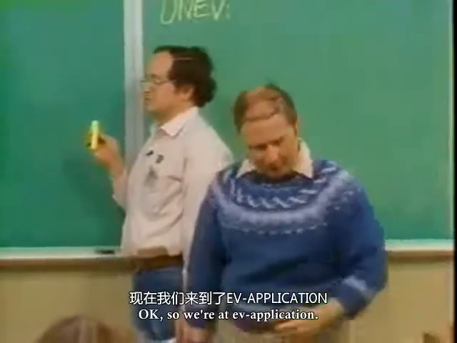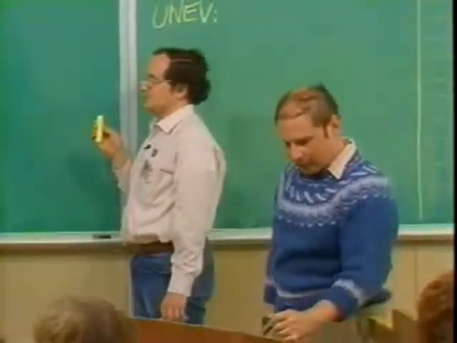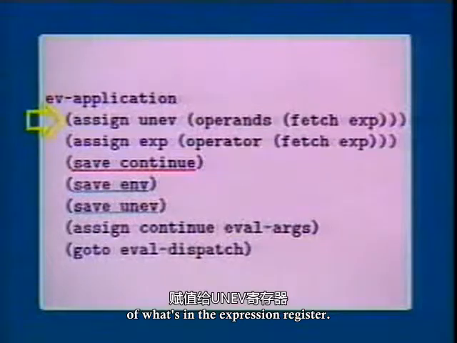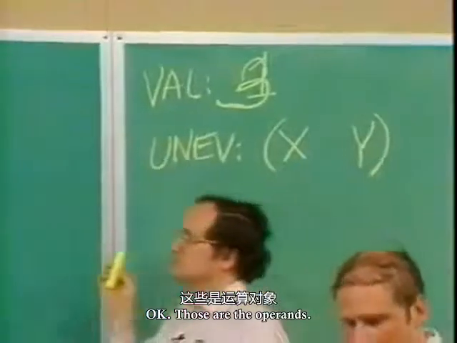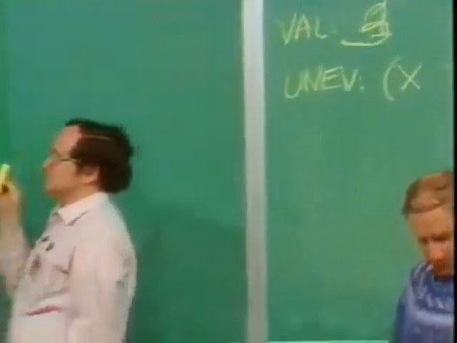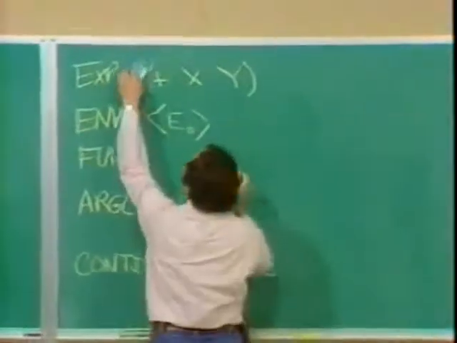Okay, so we're at ev-application. Assign to unev the operands of what's in the expression register. Those are the operands. Unev's a temporary register where we're going to save them. Pipelining. Okay? Assign to exp the operator.